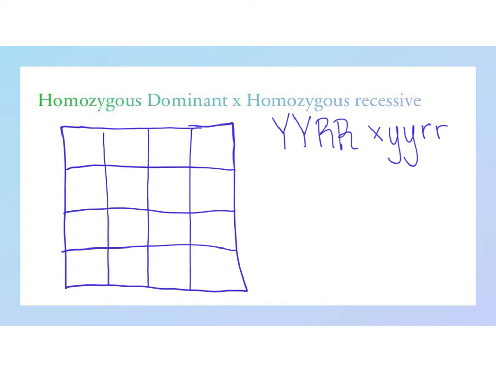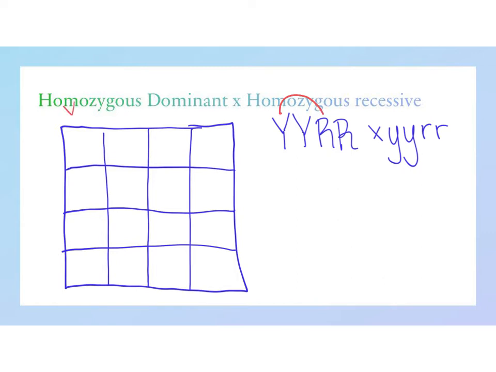Now, I know it might be tempting to just copy these 4 letters and put 1 in each column. However, that's not how it works for the dihybrid cross. You have to have 2 alleles per column or per row. In order to figure out what goes in each column or row, we're going to look at our formulas right here. The color is going to combine with the shape.